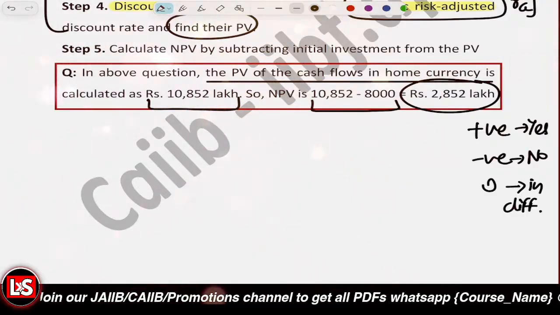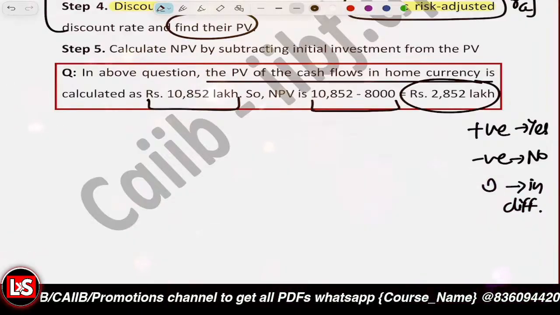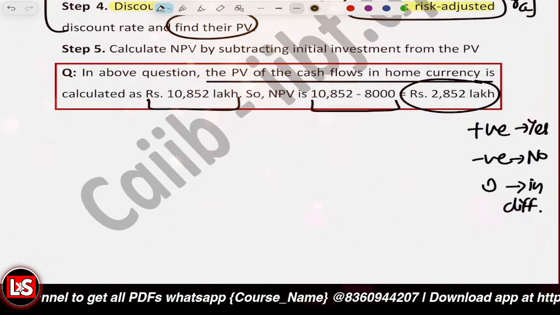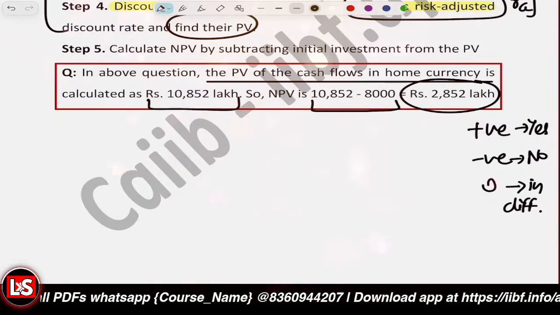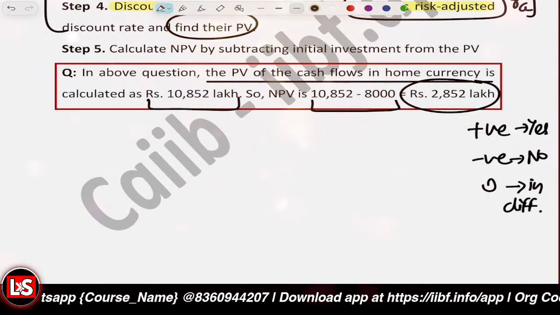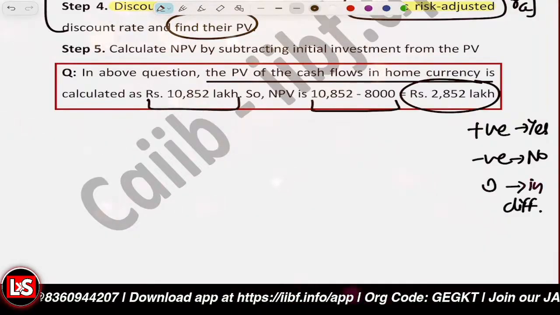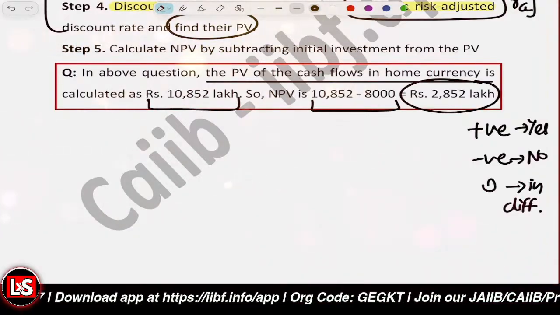And how do we solve it? Very easy. NPV is the net present value, which is basically the algebraic sum of all the discounted cash flows.